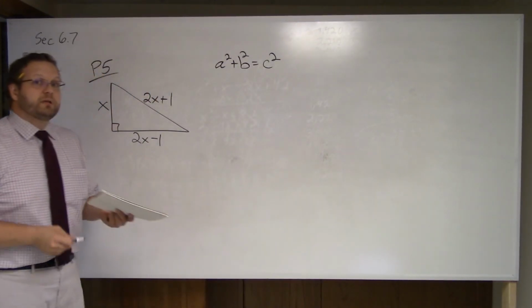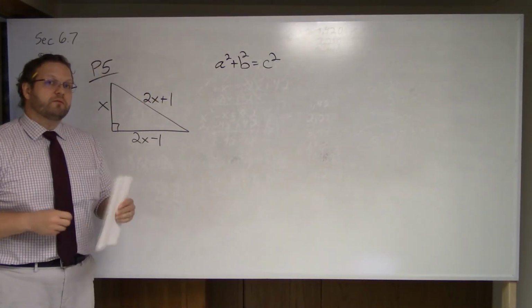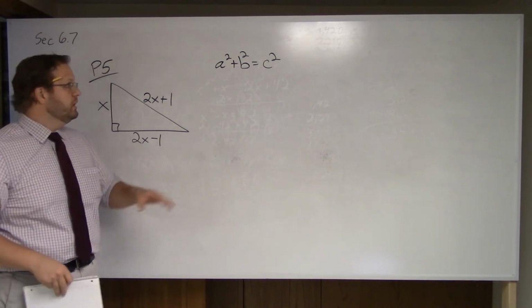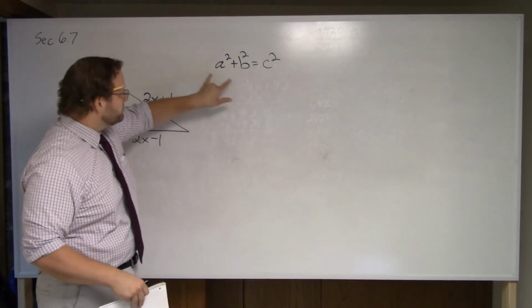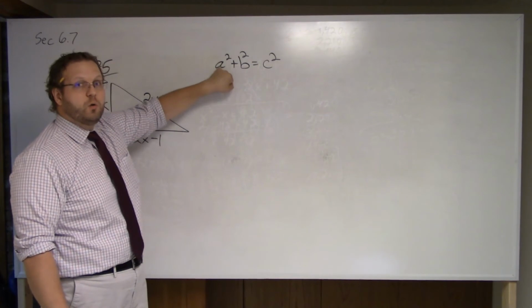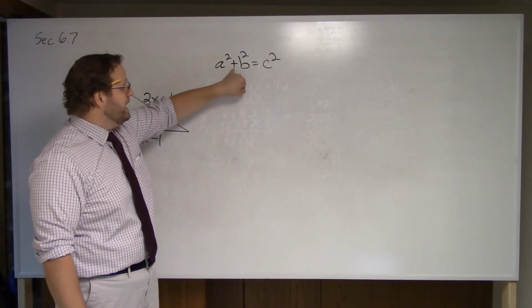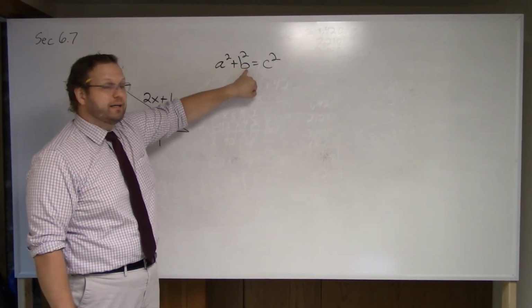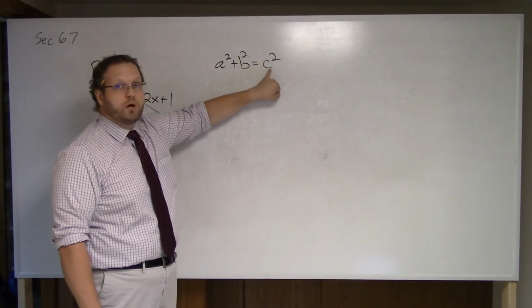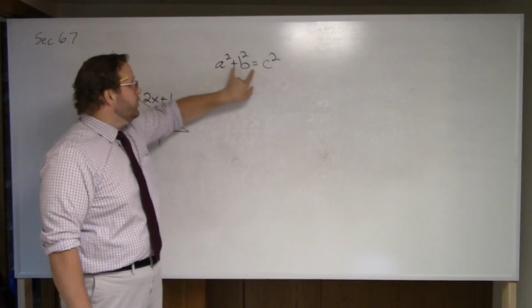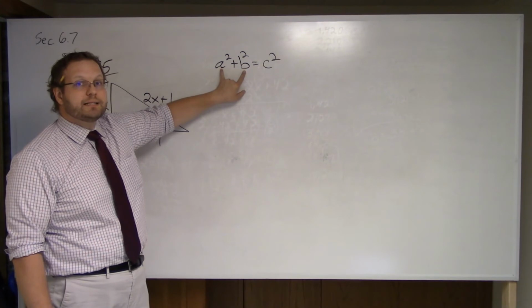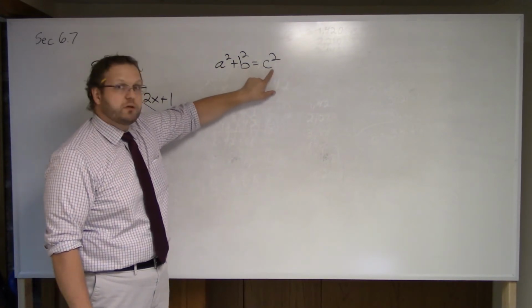A squared plus b squared equals c squared. I'm sure you all have heard that before, but just as a review, this theorem right here tells us that if we square one leg and then add to it the square of the second leg, that should equal the square of the hypotenuse. Okay? Which leg is A, which leg is B does not matter as long as the hypotenuse goes here.